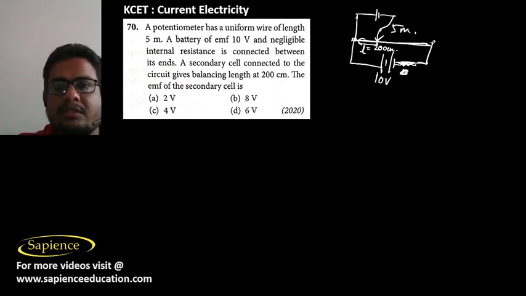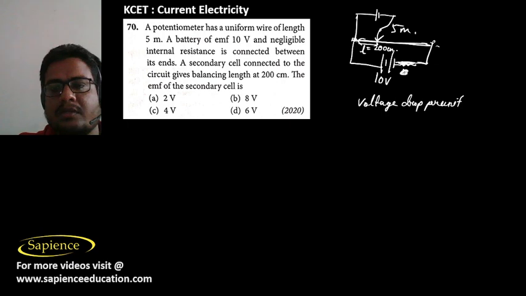So it means that here, the voltage drop per unit length in the potentiometer wire, that is phi.